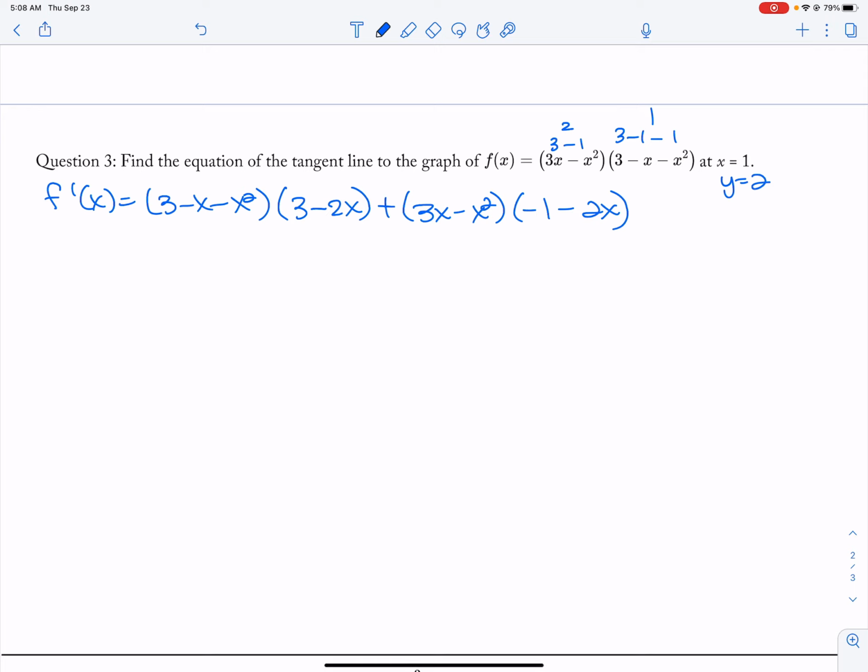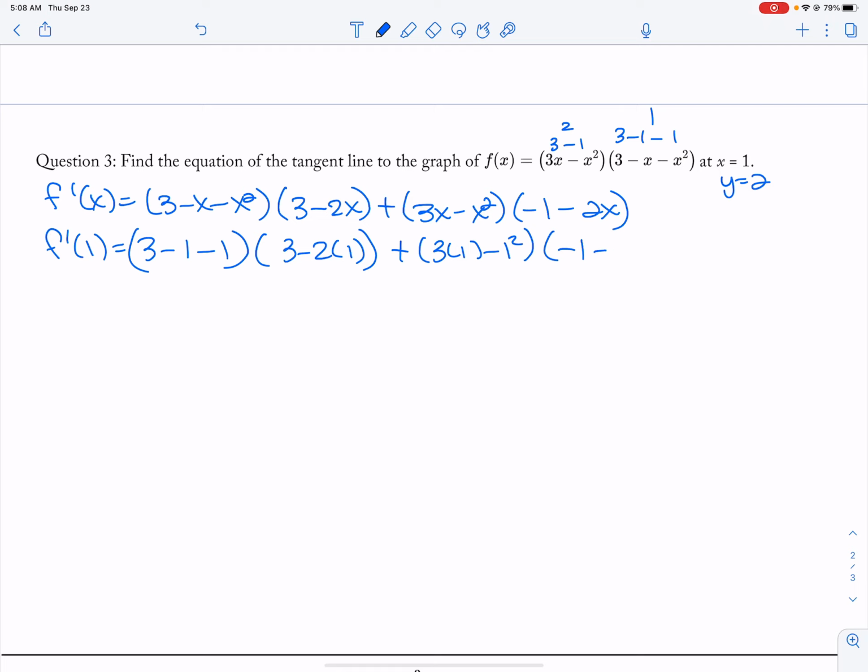Okay, and then I wanted f prime of 1. So 3 minus 1 minus 1. 3 minus 2 times 1. 3 times 1 minus 1 squared. Negative 1 minus 2 times 1. So then f prime of 1. 3 minus 1 is 2, minus 1 is 1. 3 minus 2 is also 1.